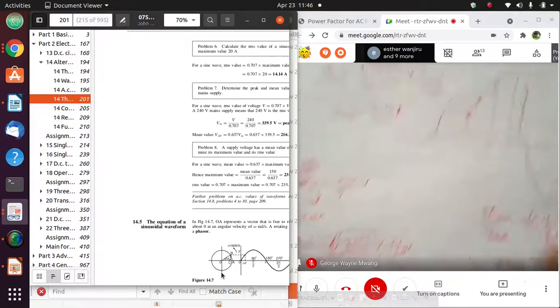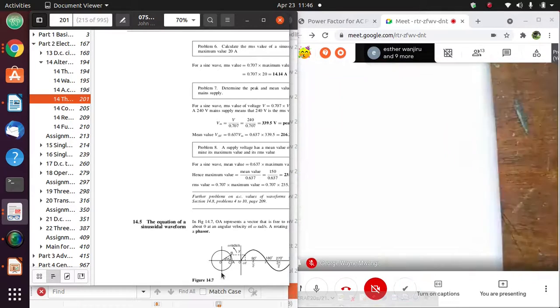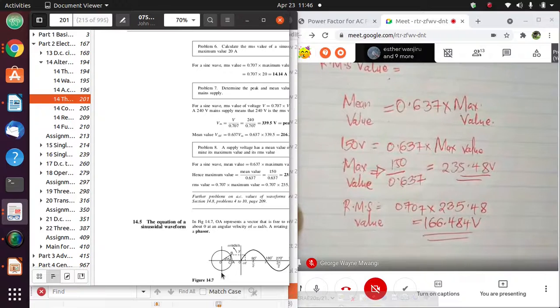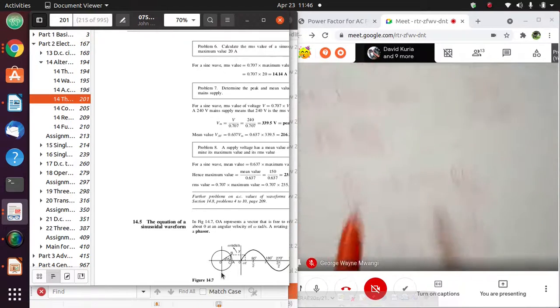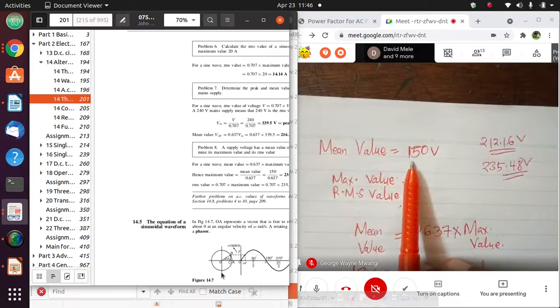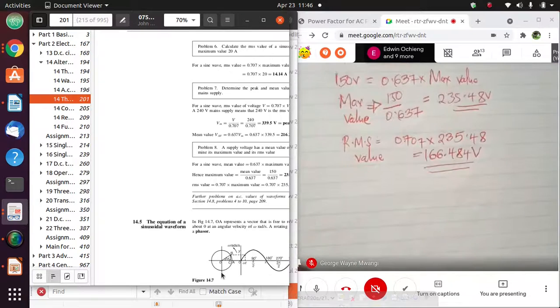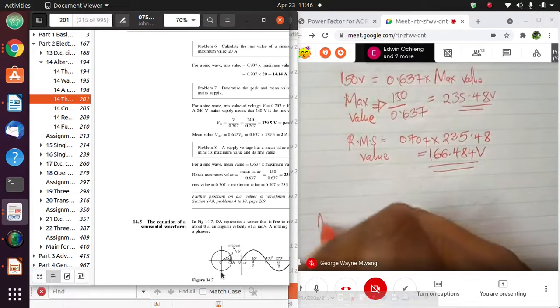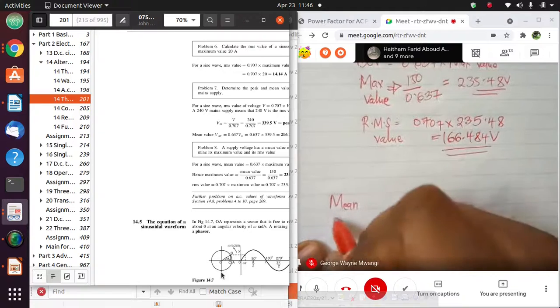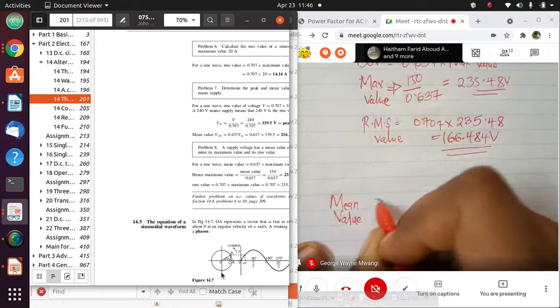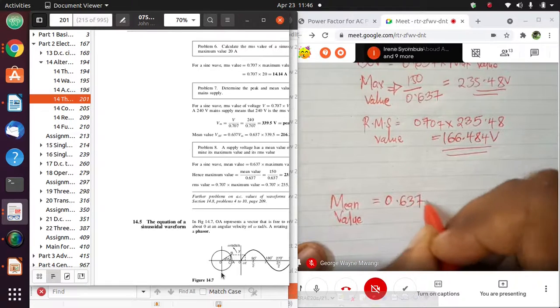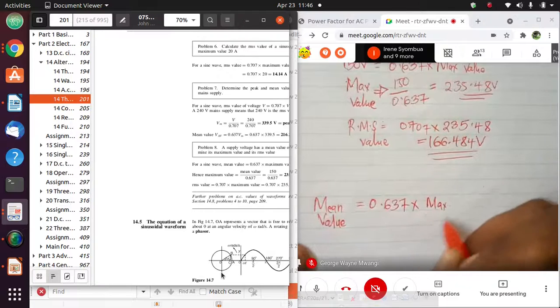But now in this example 3, kile tumepatiwa mean value. And mean value is 0.637 times the maximum value. Nataka uangalie those two difference. Mean value is equals to 0.637 times the maximum, the peak value.